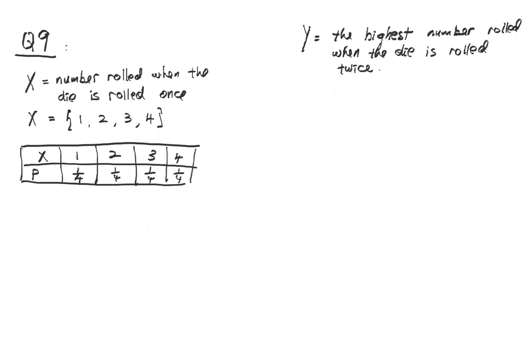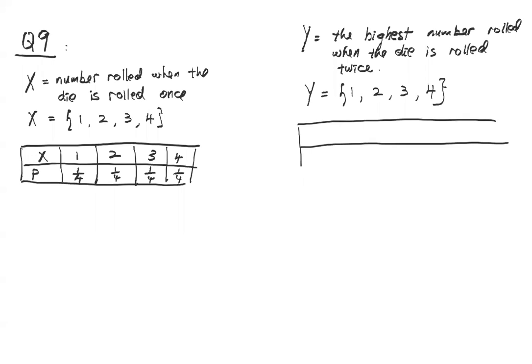So the issue here is rolling twice. So how many possible outcomes are there? Your Y possible values are also 1, 2, 3, 4. But now the probability will be different.